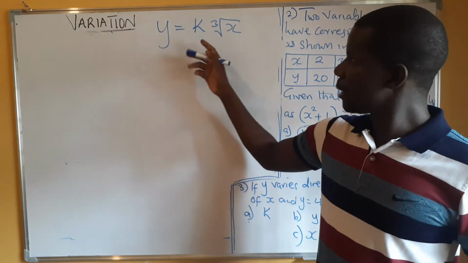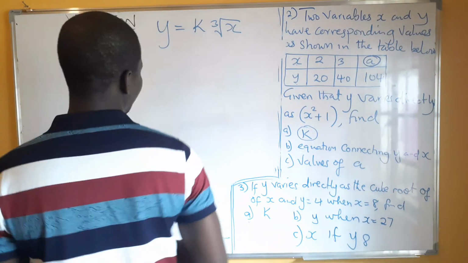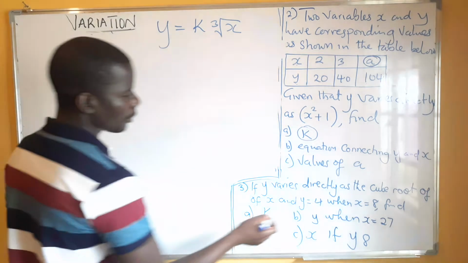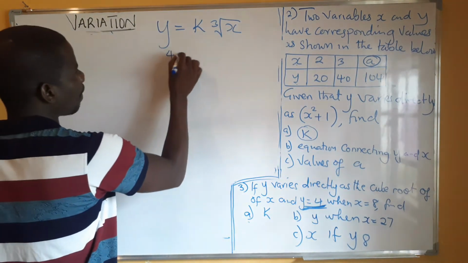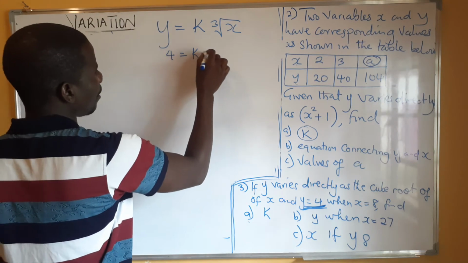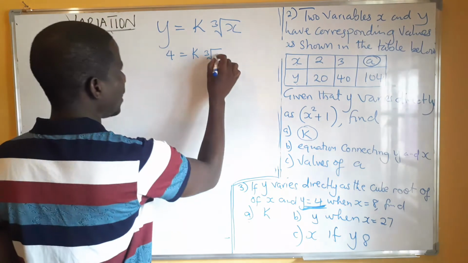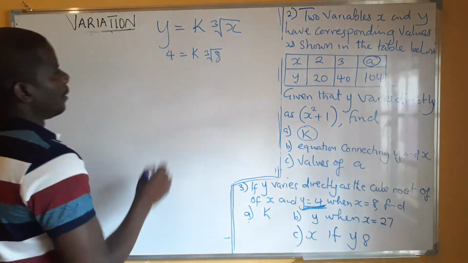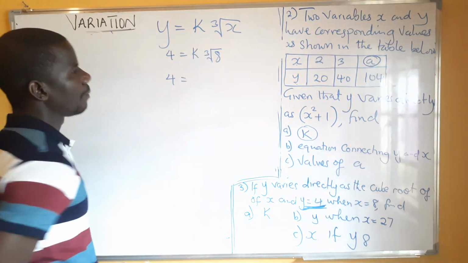So now what we need to do is to find the value of k, which is the constant of the variation in this case. And we are told that y is equal to 4, and x is 8. So what is the cube root of 8?